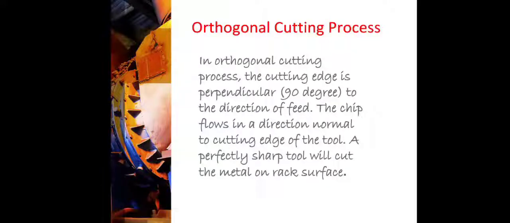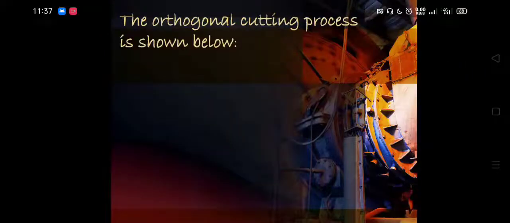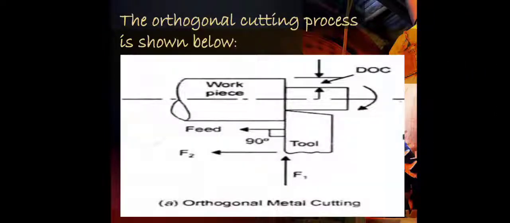A perfectly sharp tool will cut the metal on the rake surface. So this is the orthogonal cutting process. Here is the workpiece, that is your metal. Then there is the feed, and the tool you use is here. F2 is your feed, at 90 degrees, and the chips go in the direction of F2.